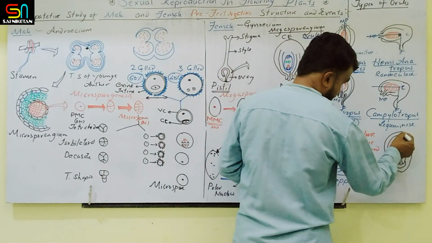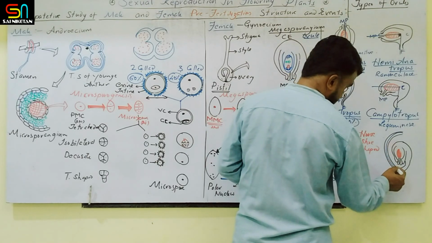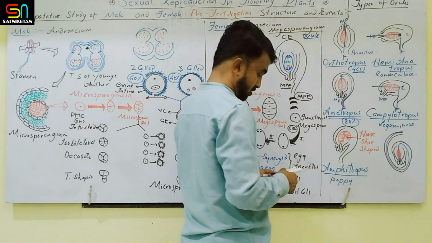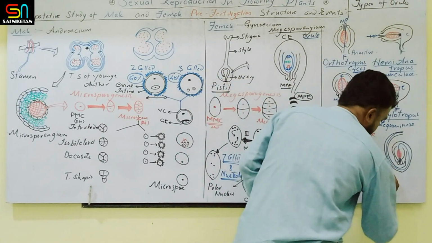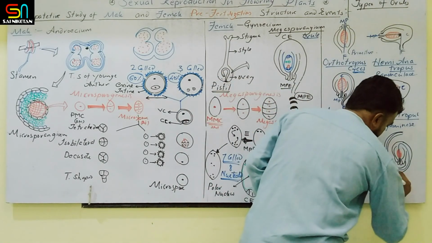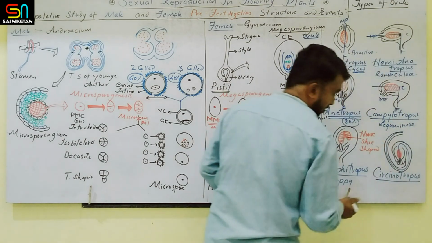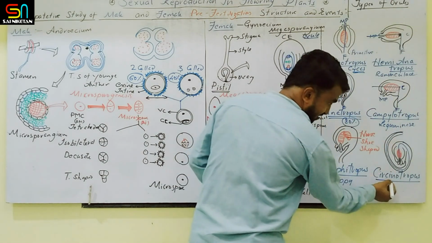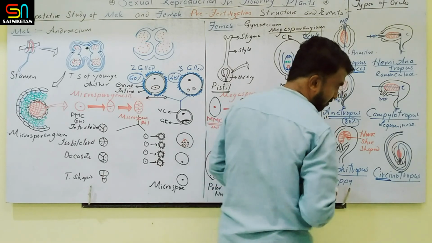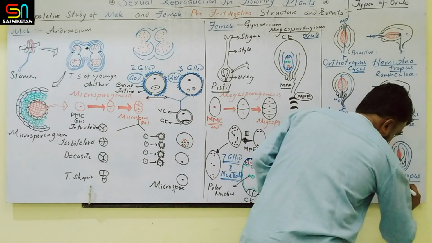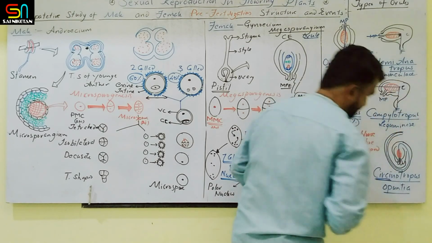So this is the funicle. It will rotate almost 360 degrees and it is almost curved here. So this type of ovule is called a sarcinotropous ovule. Sarcinotropous, sarcina, you can remember. This is seen in Opuntia.